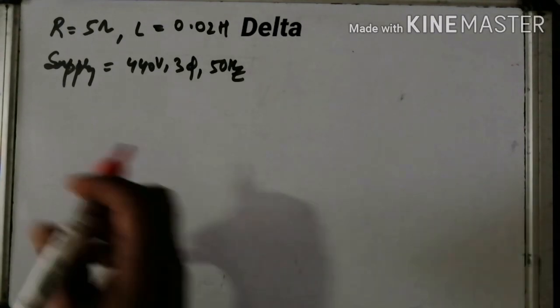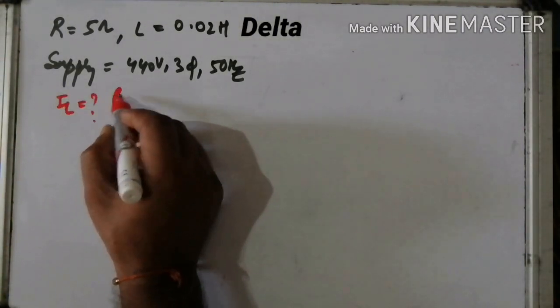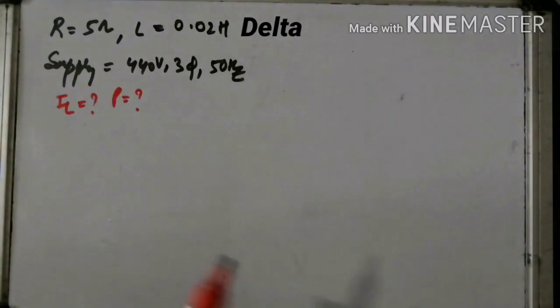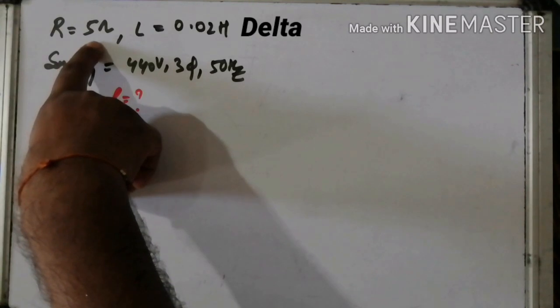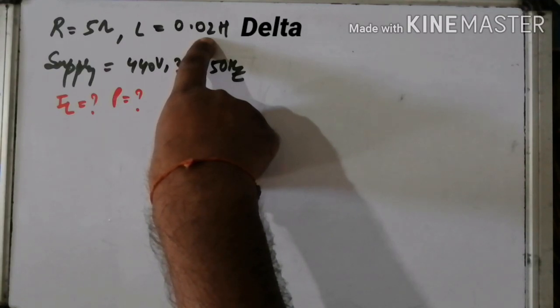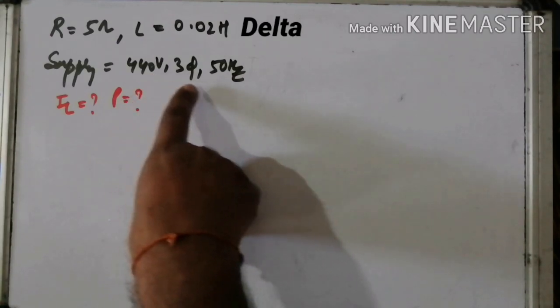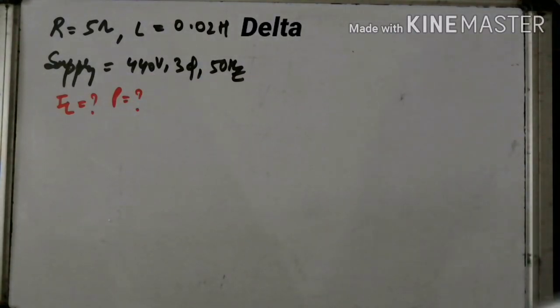Calculate line current and power absorbed. I am repeating the question. Three similar coils having the resistance 5 ohm and inductance 0.02 Henry are connected in delta to a supply having voltage 440, 3 phase and 50 Hertz. Calculate line current and power.